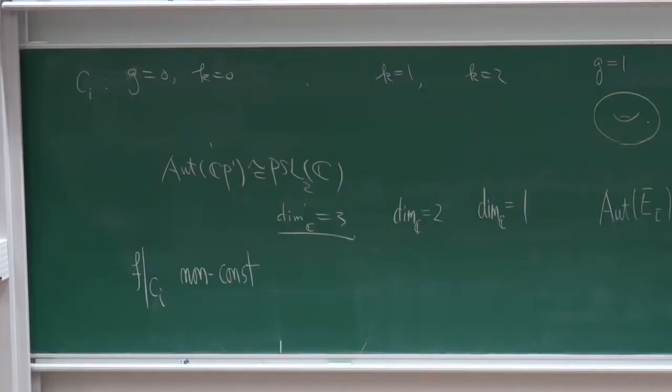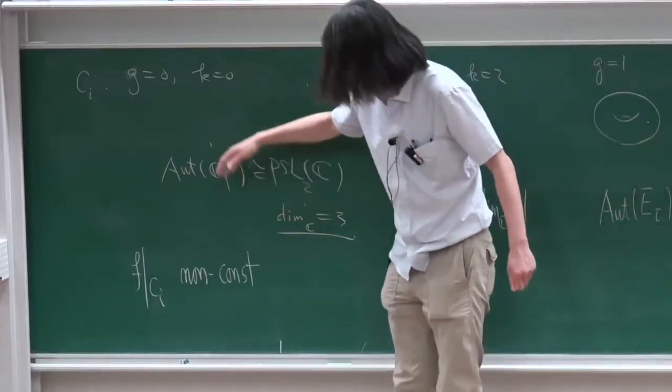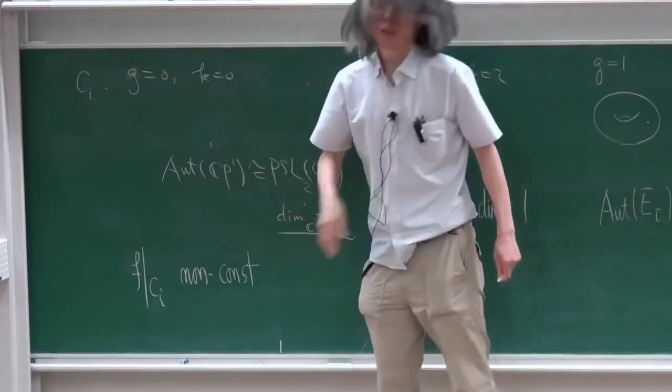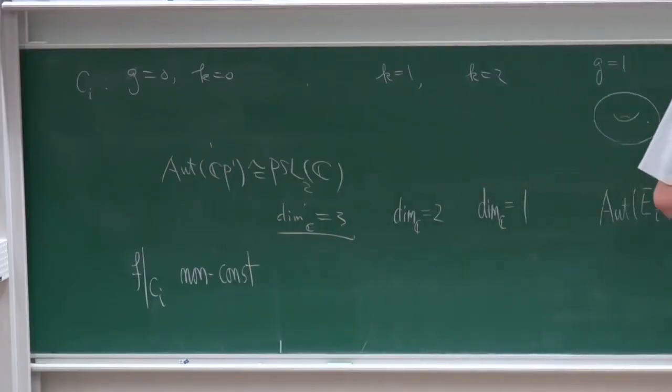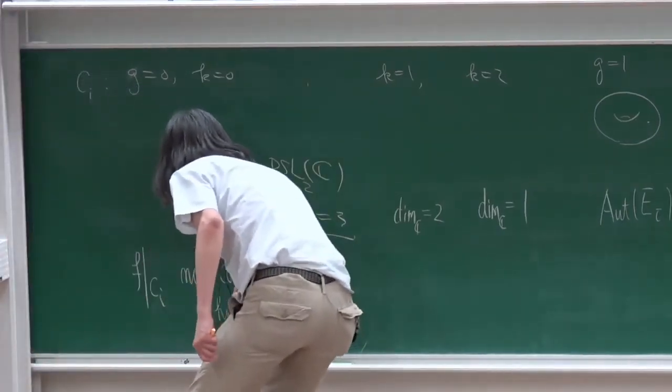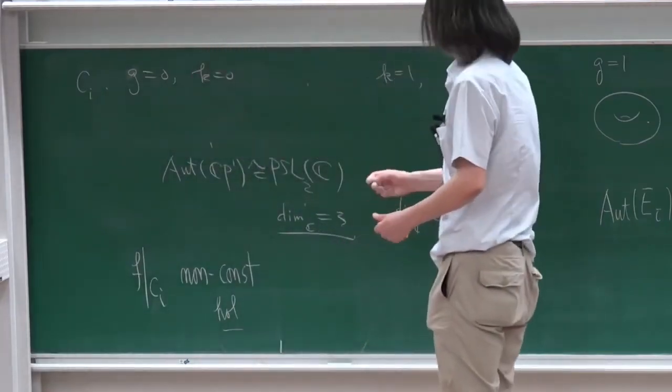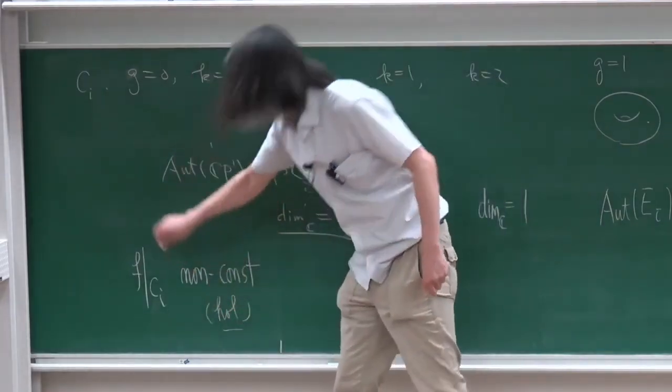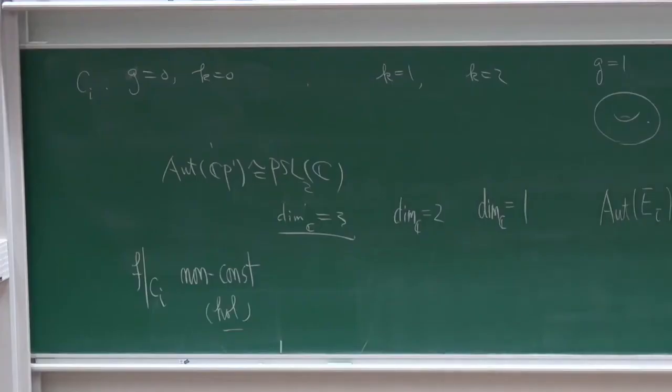Then the automorphism preserving the non-constant holomorphic map, I assume only holomorphic maps here, is finite.